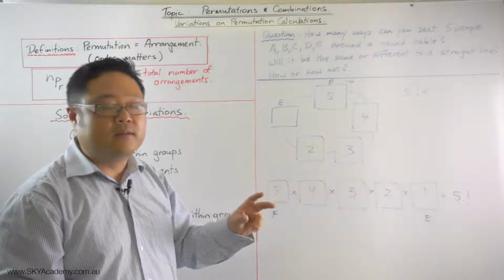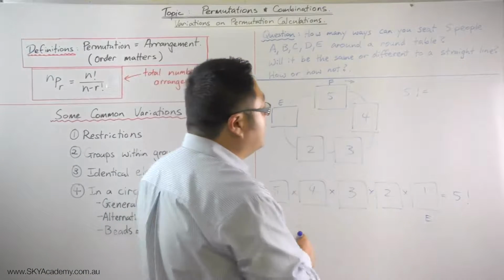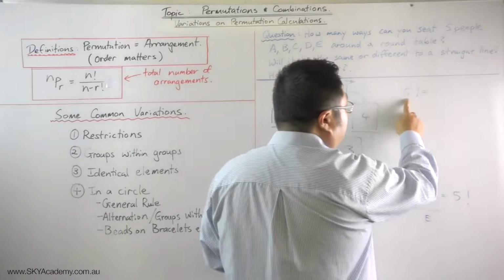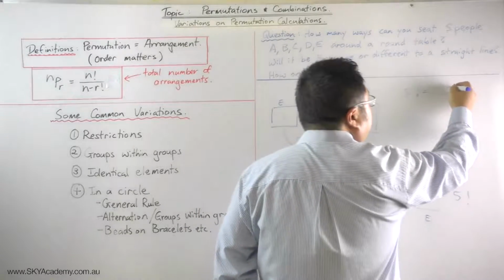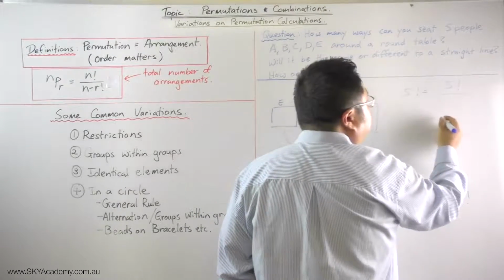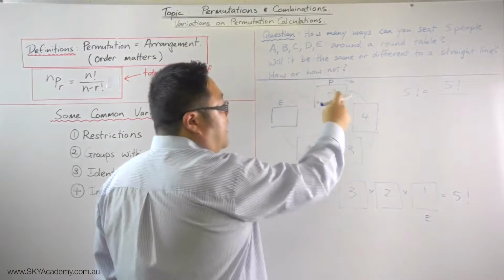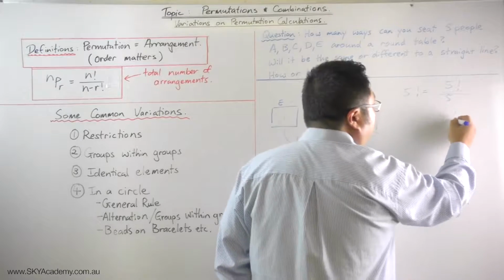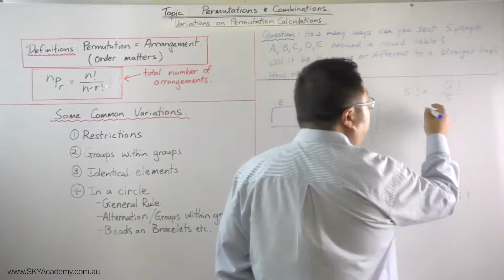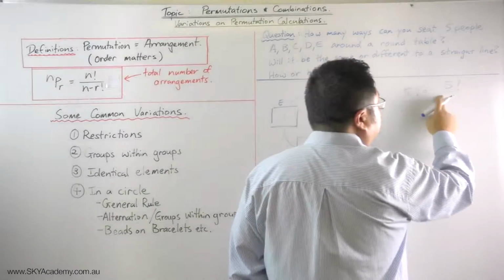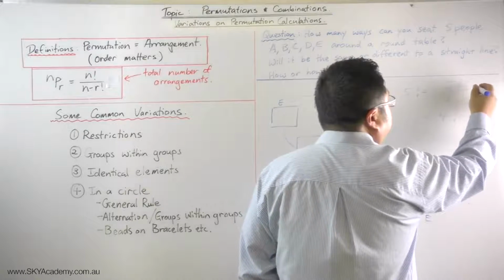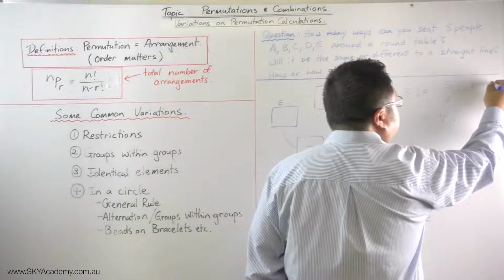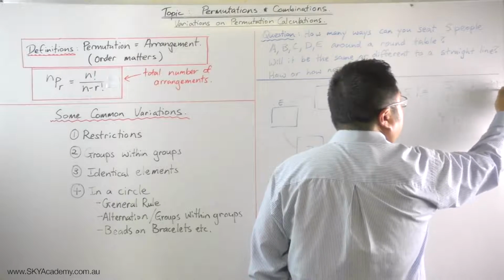Does that make sense? So in a circle, you've got to work it out as though it were a straight line, but then divide by 5, which ends up being 4 factorial. Because 5 factorial is 5 times 4 times 3 times 2 times 1 over 5.